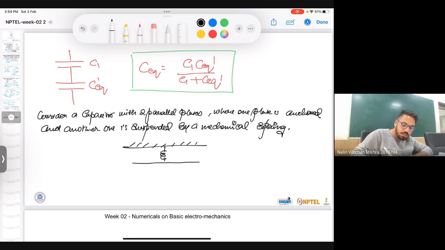So one plate is connected with spring and another plate is basically anchored, like it's fixed.